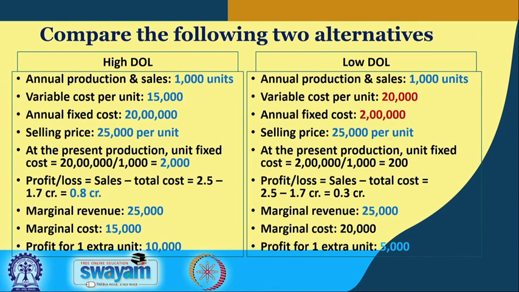Higher capital cost structure, you have lower variable cost. In case of lower capital structure, you have higher variable cost. You can see here variable cost per unit is 15,000 on your left, whereas variable cost per unit is 20,000 on your right. So, normally this is the case usually.